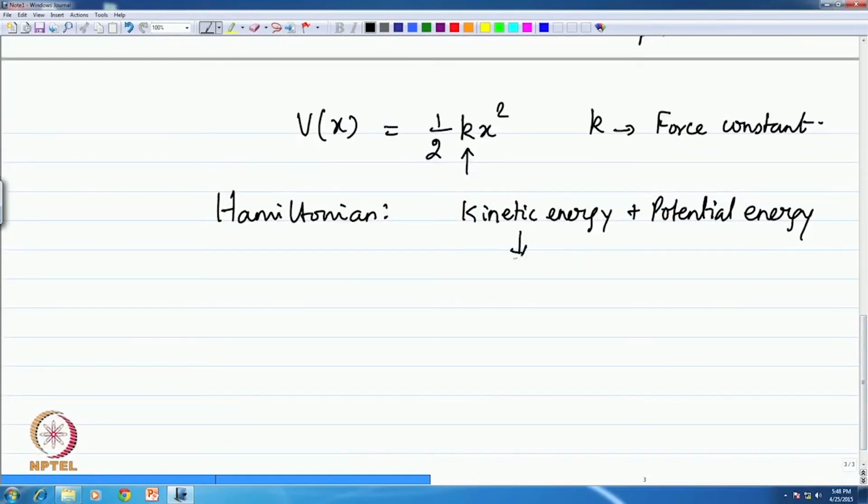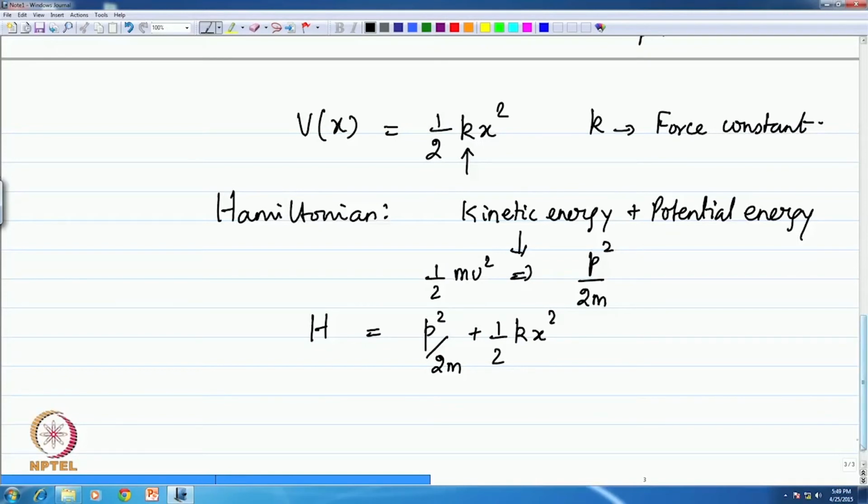The kinetic energy is half mv square, or if you want to write it using momenta, it is p square by 2m, and therefore the Hamiltonian in a classical sense is p square by 2m plus half kx square, okay, where m is the mass of the oscillator.